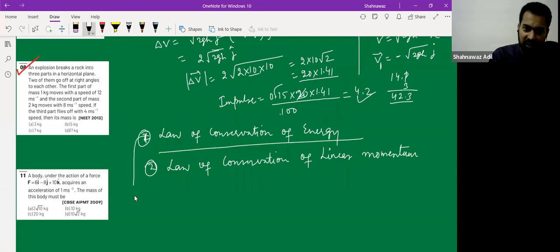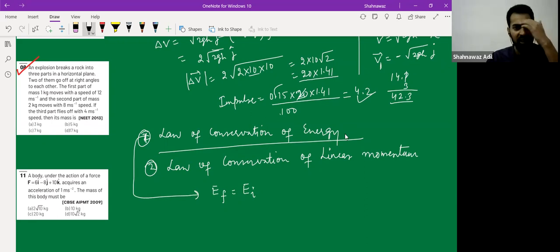So this part says that your final energy is always equal to initial energy. So in your mechanical energy part, you have already come across this point in free fall, that your potential energy initial plus kinetic energy initial was equal to potential energy final plus kinetic energy final.